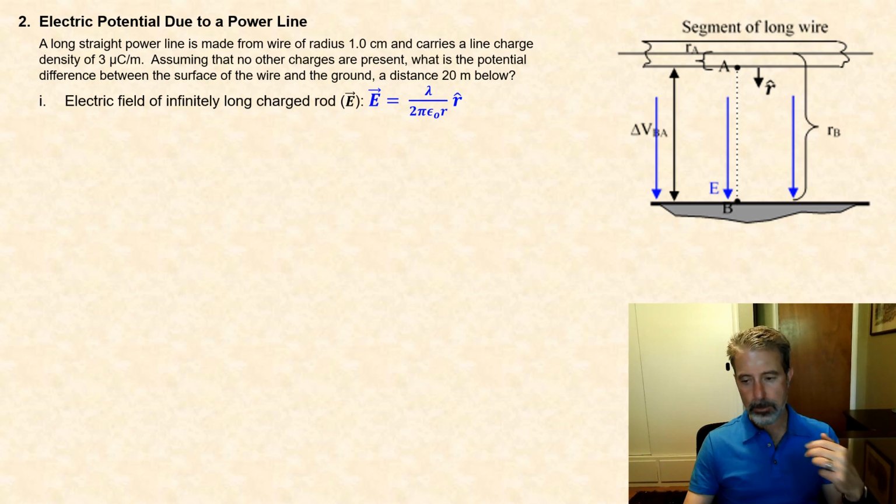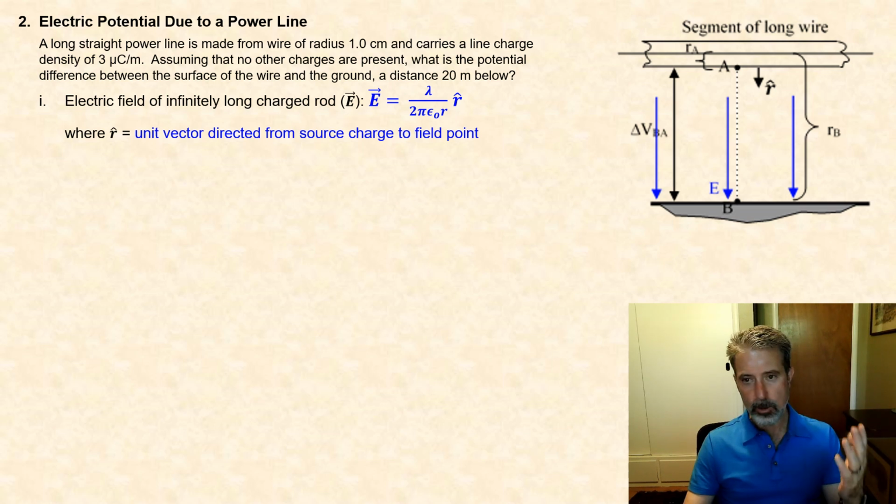And due to the high symmetry, the electric field is in the radial direction. So I'm showing you in the diagram on the right-hand portion of your screen, the blue electric field vectors point radially away from the source, from the wire itself.